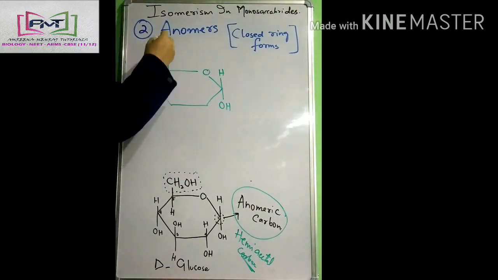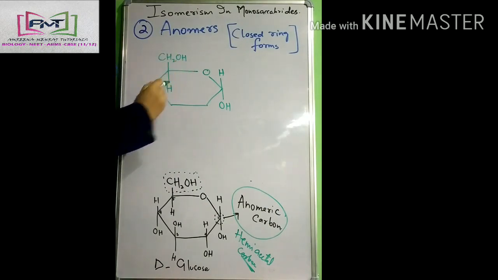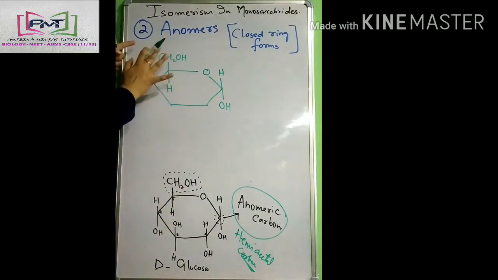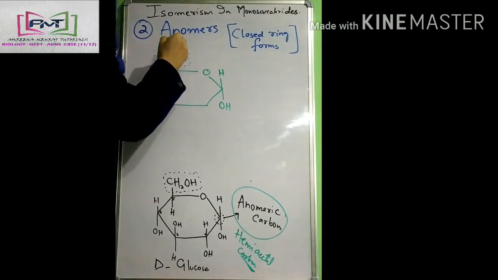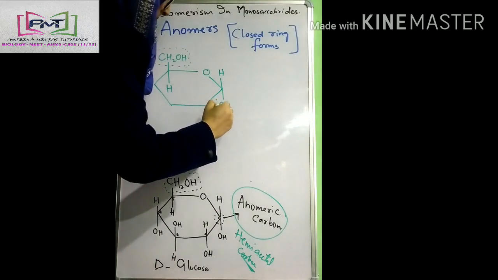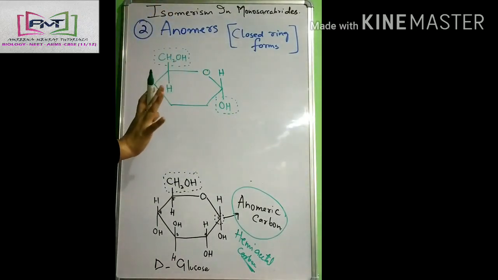And over here, you have CH2OH and H. Why have I drawn only this portion? Because we have to focus only on this portion, rather only on these 2 groups, which I will highlight. This group and this group. Rest we are not concerned with.